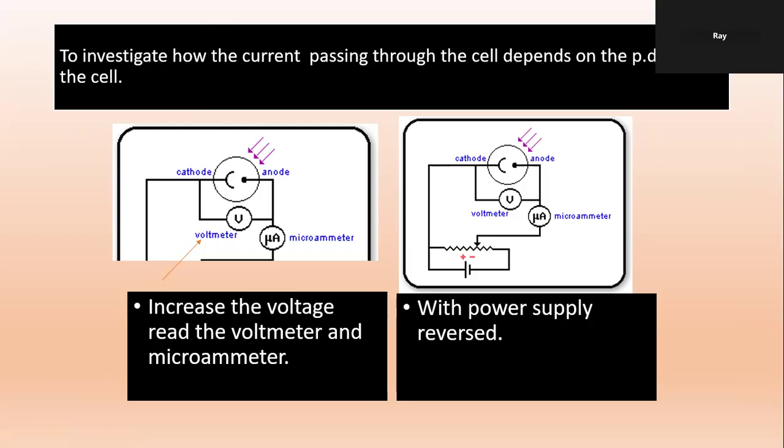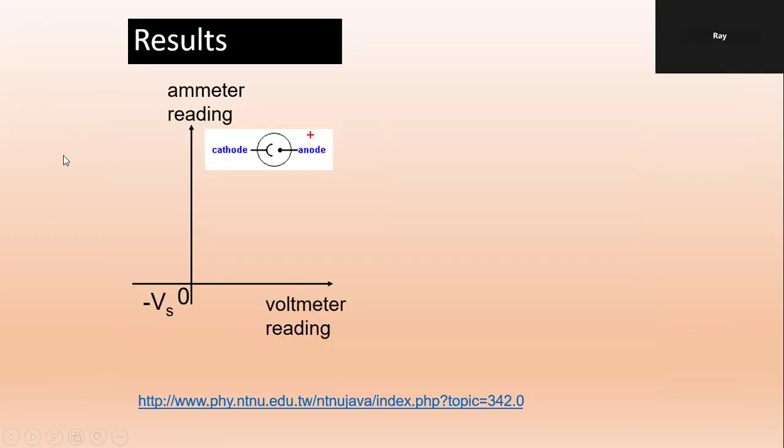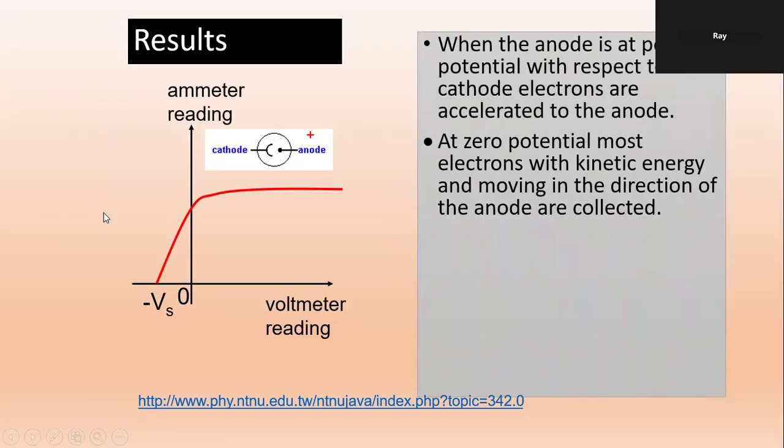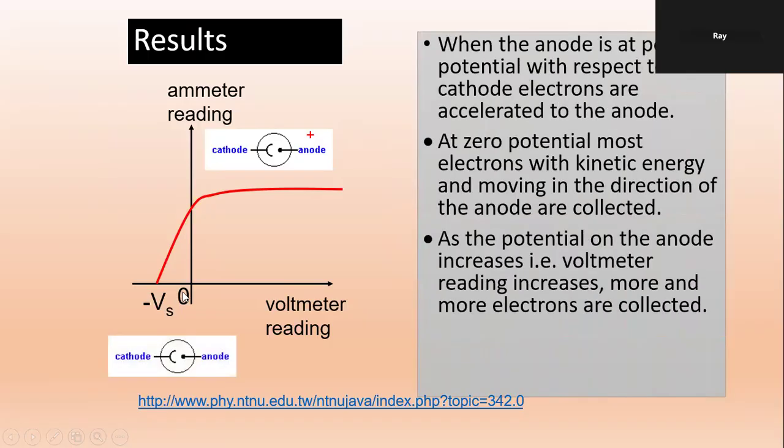Right, this is positive, so the anode is attracting the electrons emitted. This is the normal case. This one hardly comes out, only this question came out. So in this part, the anode is positive. In this part, the anode is negative and the cathode is positive, basically pushing the electrons back.